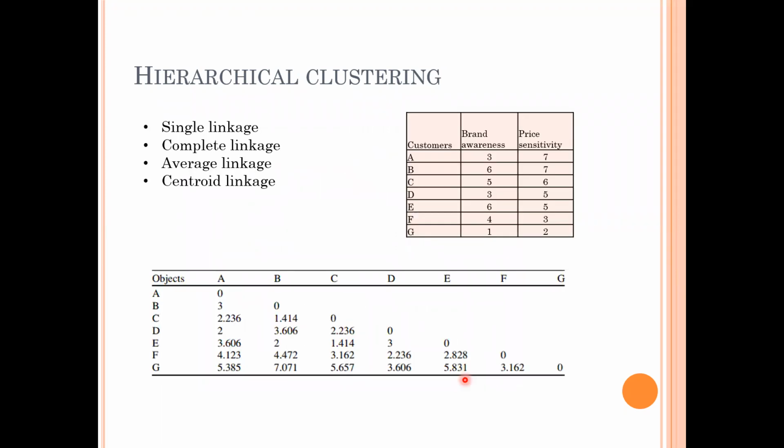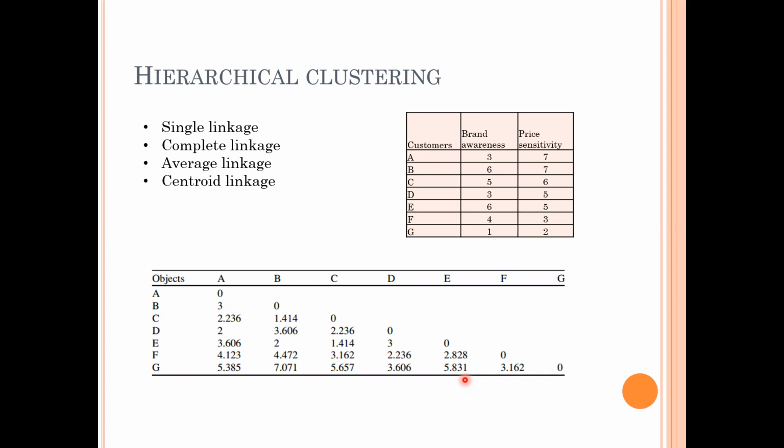For example, here we have created a matrix, and we are doing agglomerative clustering. That means we have kept everybody as separate, and we calculated the distances between each of them. The diagonal elements are 0 because all the observations are absolutely equal to themselves.